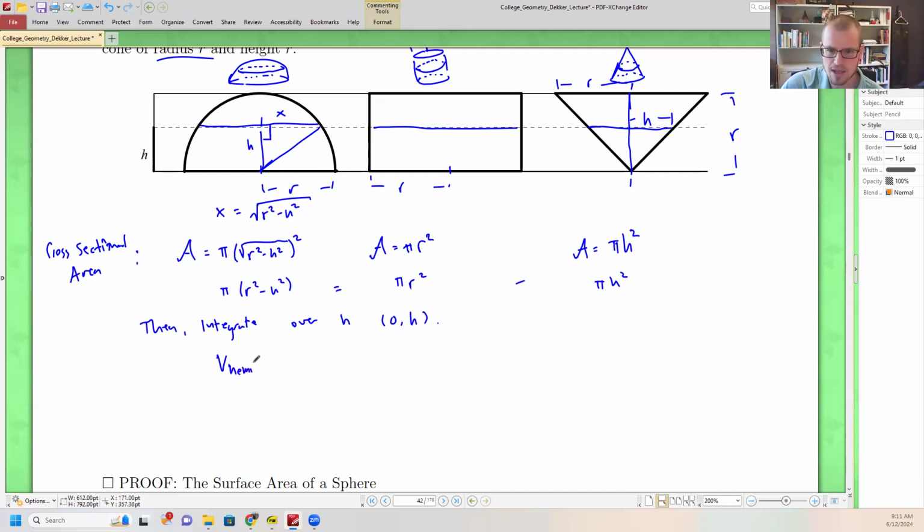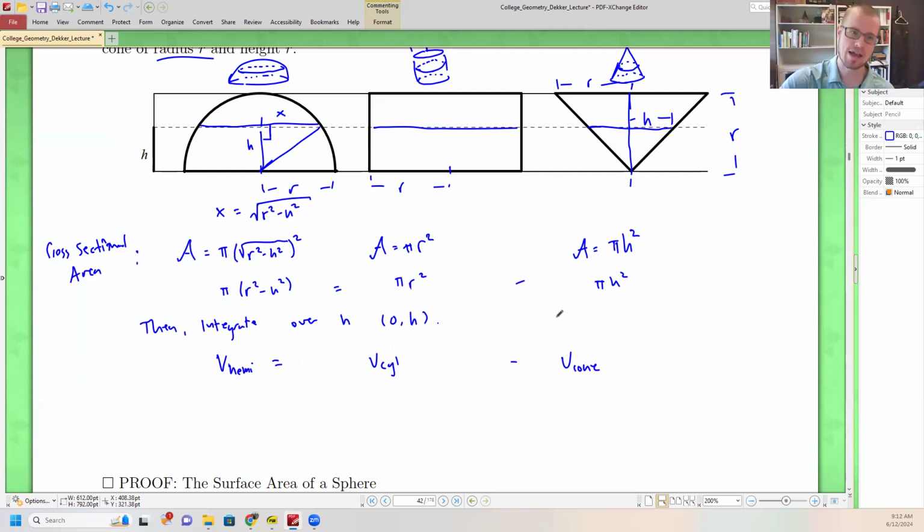So V sub hemi is equal to, when we integrate over this thing, that gives us the volume of the hemisphere. When we integrate over this thing, this gives us the volume of the cylinder. So the volume of the hemisphere is equal to the volume of the appropriate cylinder minus the volume of our cone.